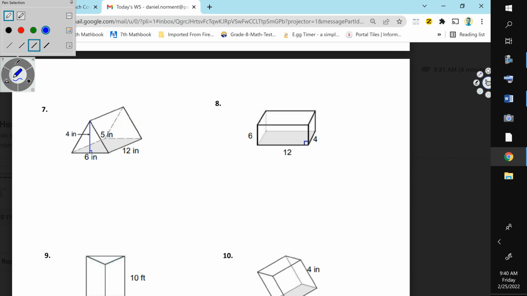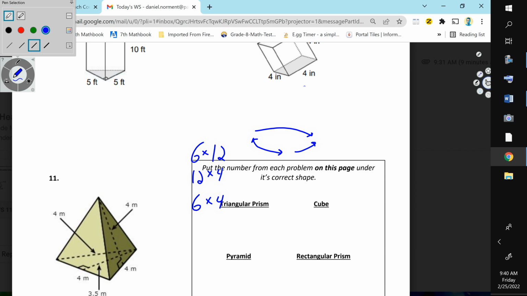Number 8. I'm going to say for this, pair up these 2, multiply 12 times 4, because it's a rectangular prism, and then 6 times 4. Did I, please tell me I did that at the bottom? Okay, good.